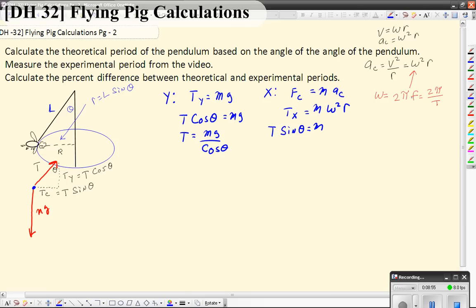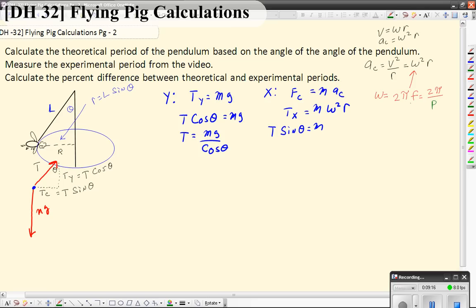Now, our omega, in terms of period, by the way, let's not use T for period. Let's go ahead and use P. I know normally P is used for momentum, but here I want you to think about it as period. I just don't want people to confuse the T from period with the T from tension. So let's write it this way.